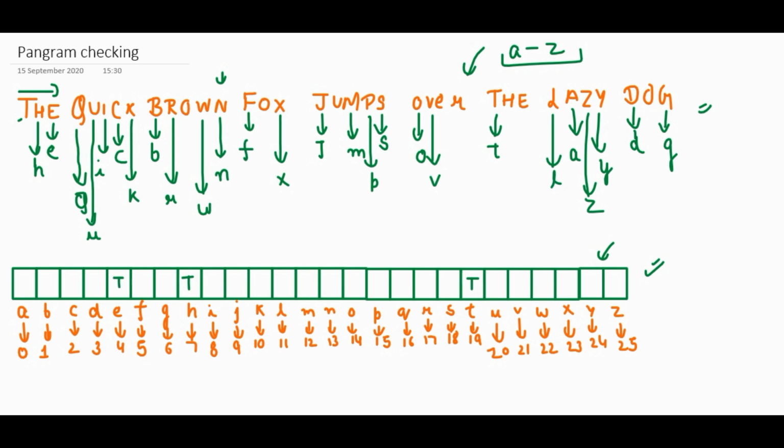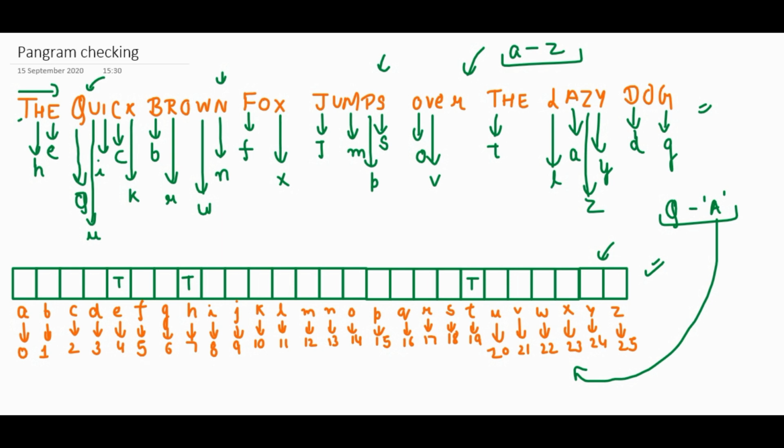So first of all, let's see how I am going to E, H or T. Every element has some ASCII value, right? So if we get an uppercase letter in this sentence, we will subtract that element. Let's say we found Q, right? We will subtract a capital A from this, that will lead us to an exact index value in this array.